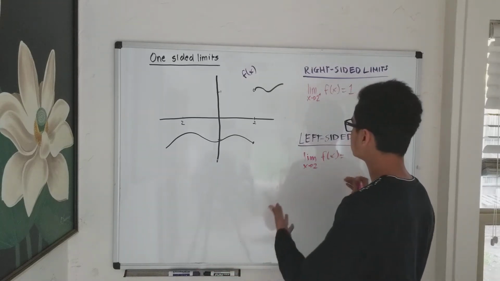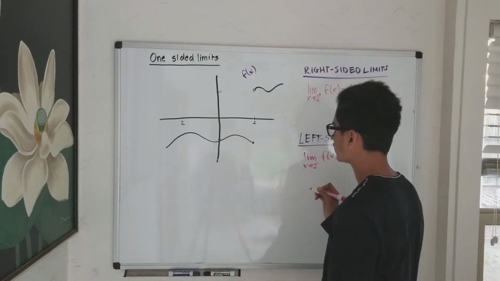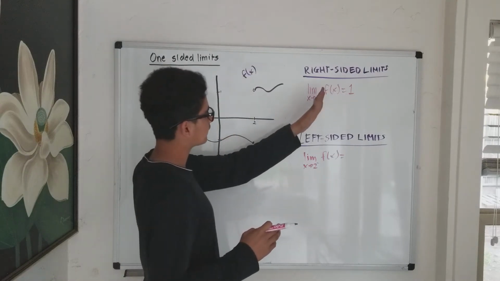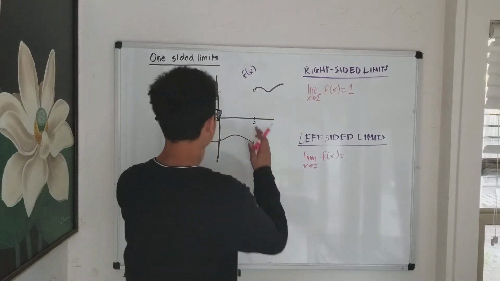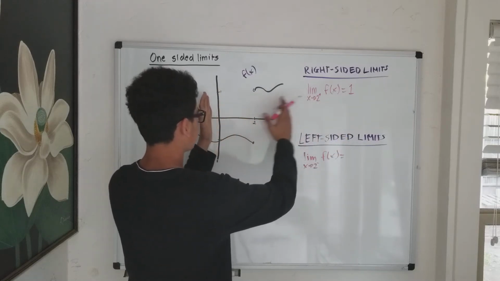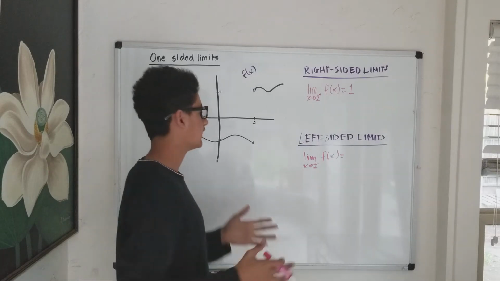In order for it to be a left-sided limit, you have to write a negative sign subscript. The way I like to think about it is this. The reason we have right-sided limits with a positive subscript is because it's on the positive side of the graph. The positive side is on the right side, and the plus sign is referring to the positive side.